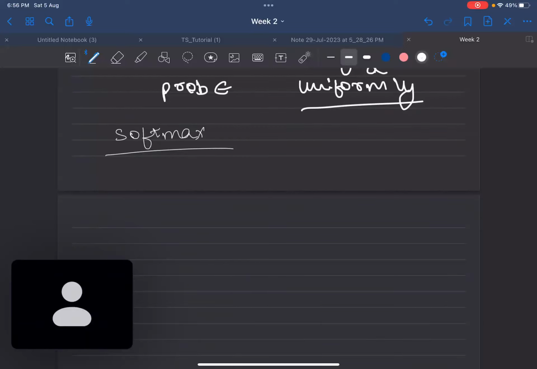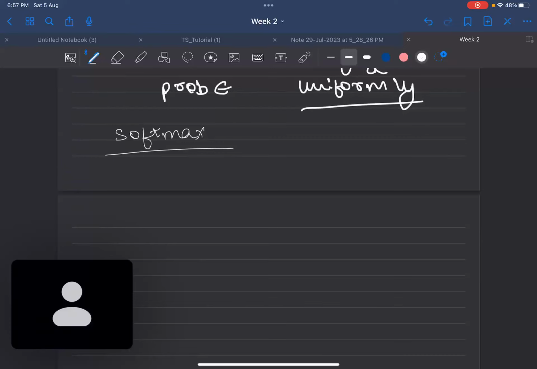He has told that epsilon is directly proportional to 1 by t, but actually that is not used in the practical setting. So with what proportion you should decrease that, there are also some questions like how the epsilon should be decreased. Am I correct? Yes, ma'am.